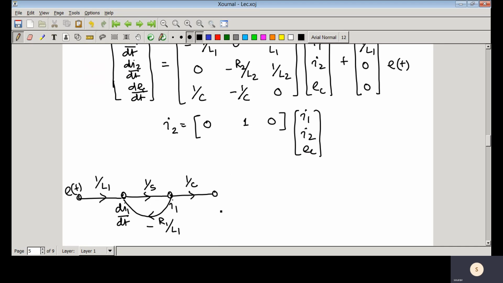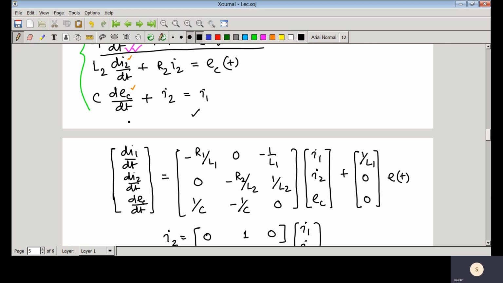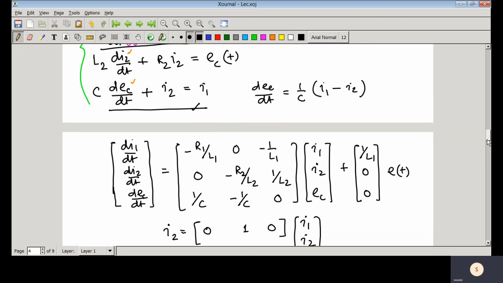So that is dEC by dt. So what is dEC by dt? dEC by dt equal to 1 by C, I1 minus I2. Here I have taken that IC into I1 by IC into I2.